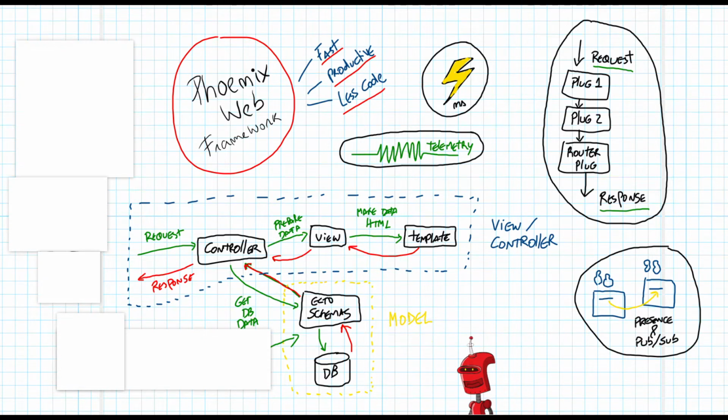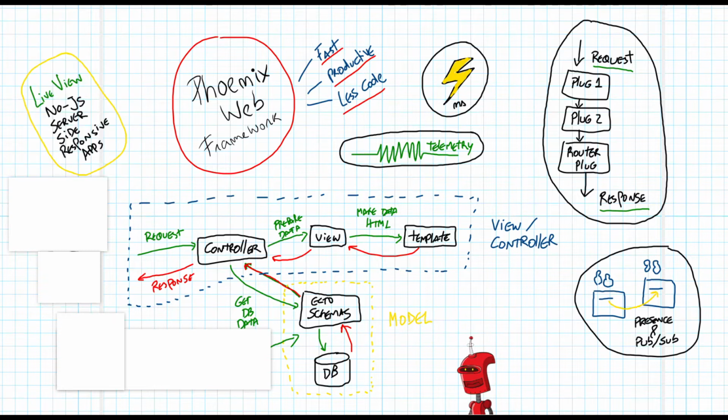It also gives you LiveView, and LiveView is like having all the responsiveness and speed of client-side applications that could use something like React or Vue or some other client-side technology, and you get this without writing almost any JavaScript code.